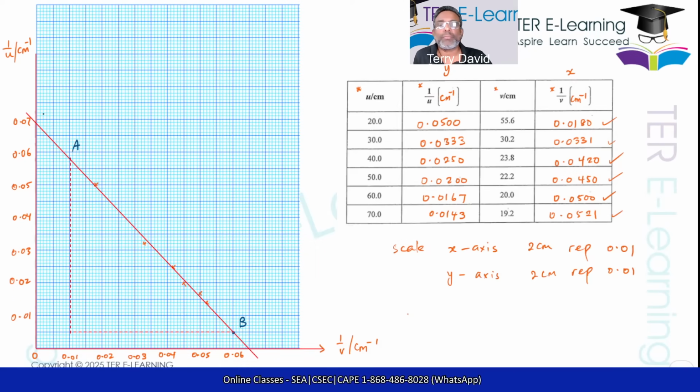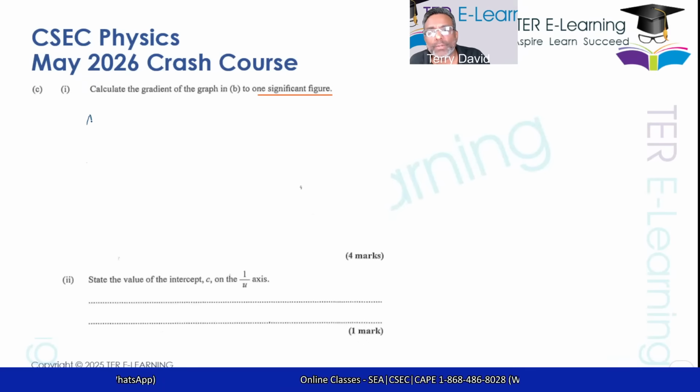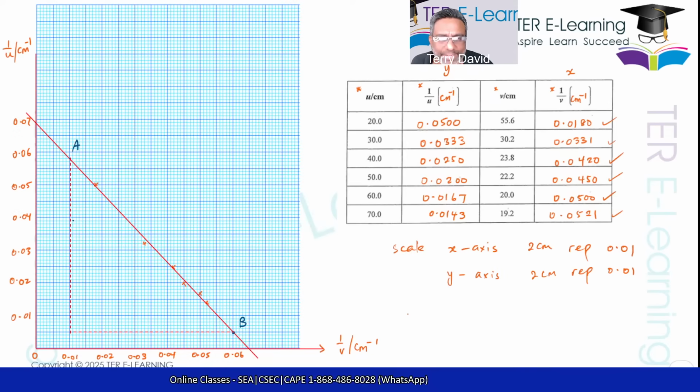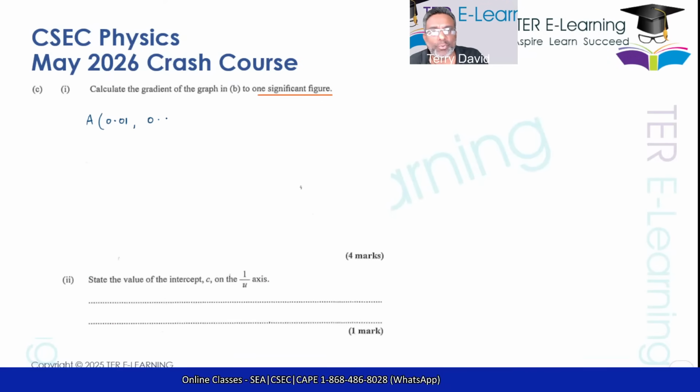Okay, so to work out the slope, let's write down the coordinates of A and of B. A in my case is 0.01 against 0.058.